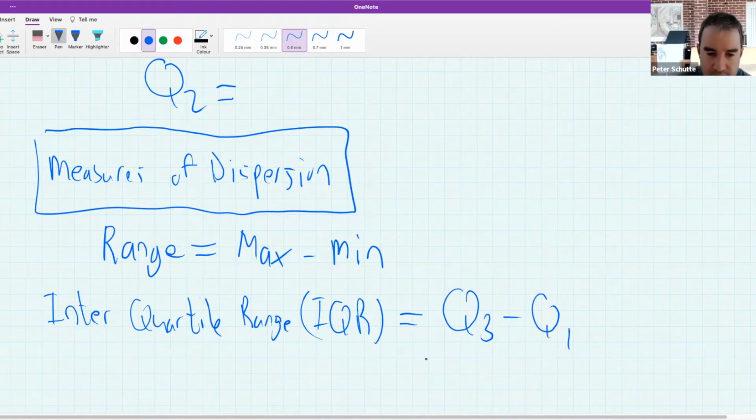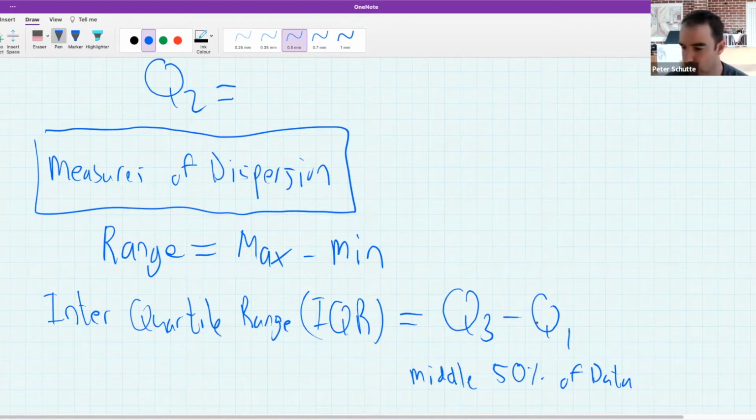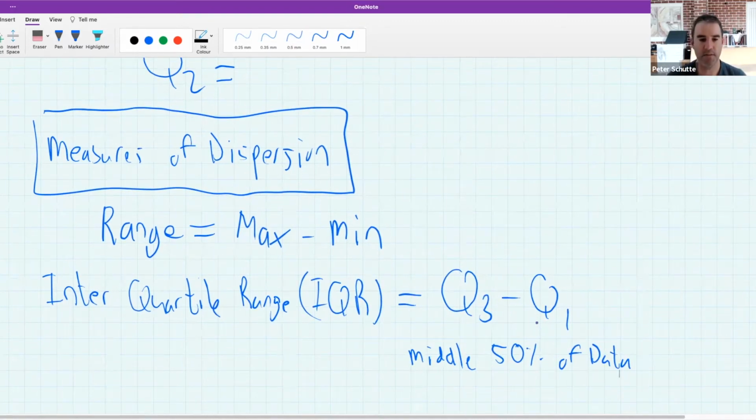Another way of thinking about it is, this is the middle 50% of the data. So if we want to know where the middle 50% of the data is, we find the interquartile range. However, in order to find the interquartile range, we have to find Q3 and Q1. So we will talk about that to start the lesson today.